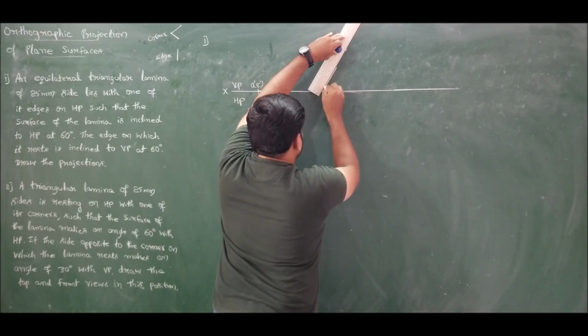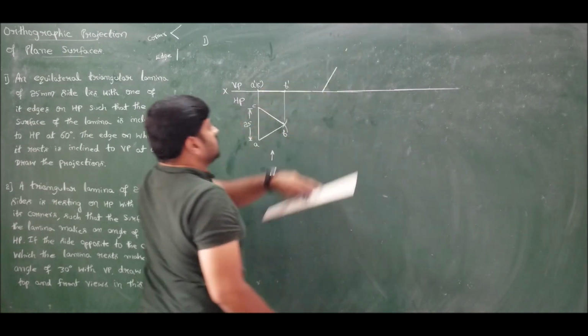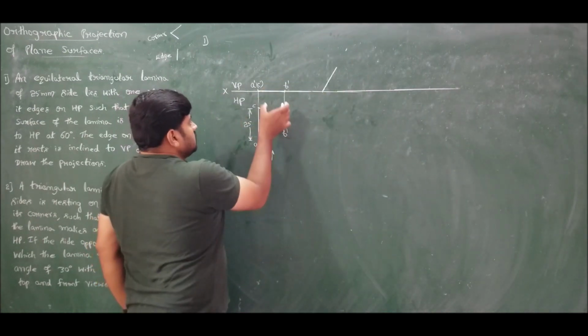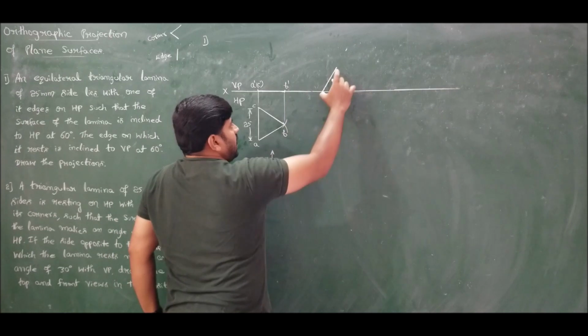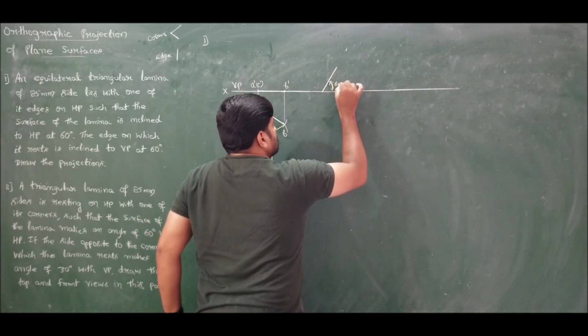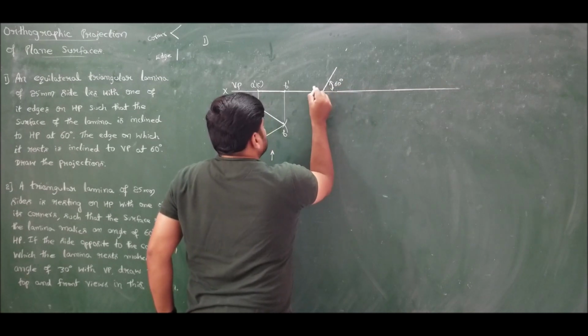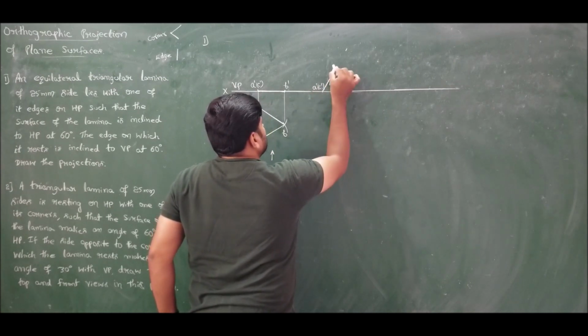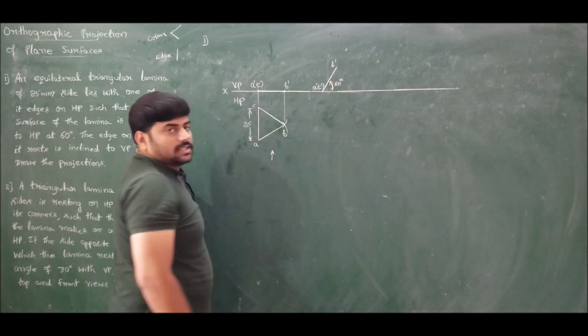Drawn. Clear? So I have taken this, moved here and rotated at an angle of 60 degrees. This is A dash, C dash is invisible, and this is B dash.